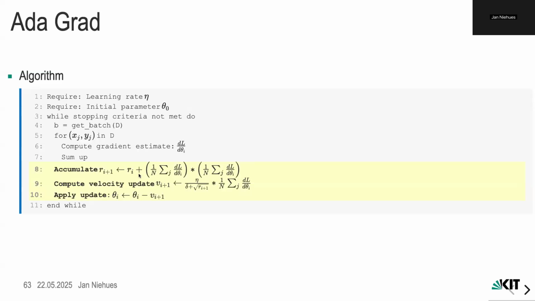This is summed over time, so you sum over time how many updates you have done already. And if that's very high, you're dividing through the length. So you're normalizing it a bit, so that not in one direction you're going super fast and in the others you're not going that fast anymore. And then you're again applying this velocity to your original thing.